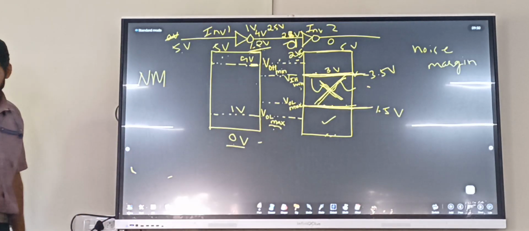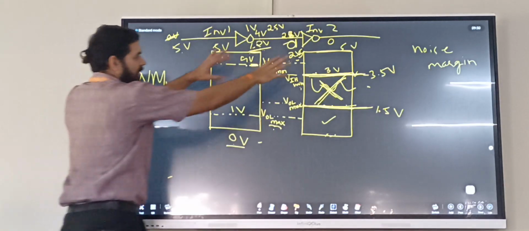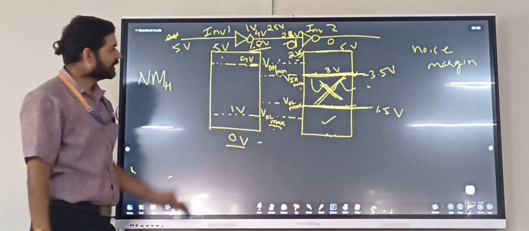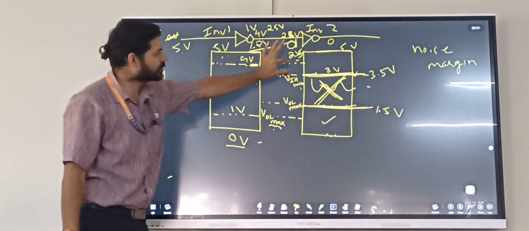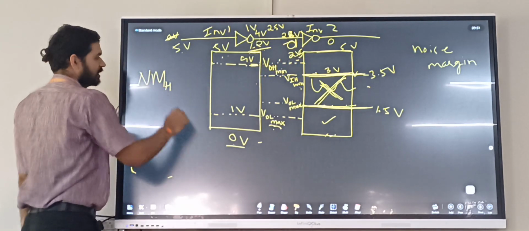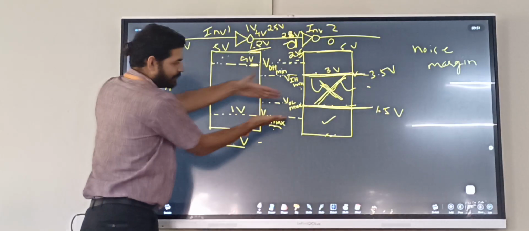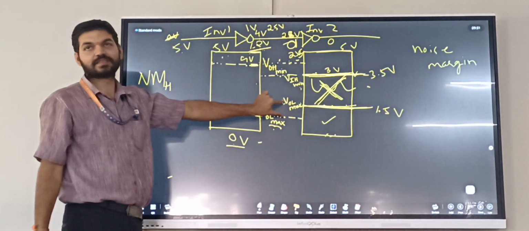Noise margin. What does H mean? Towards high, this range. So noise margin is the difference between these two values. The difference between these two values is the noise margin towards the high side, NMH. What is NML? Low side. So the difference between these two levels.